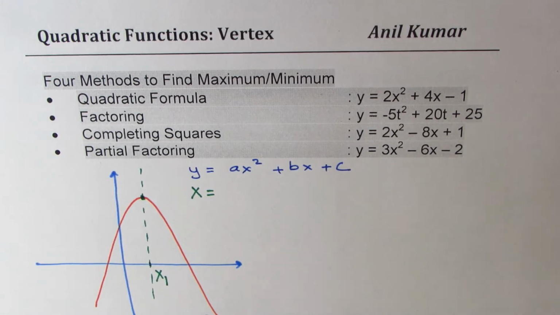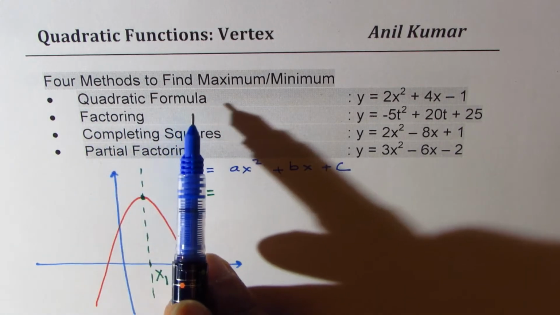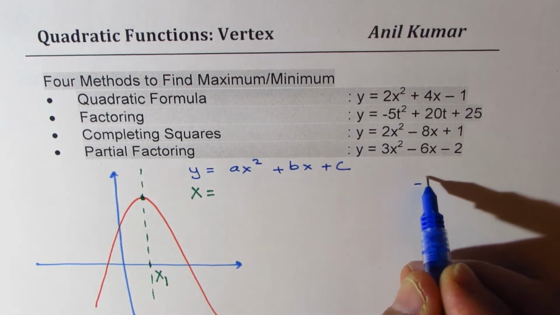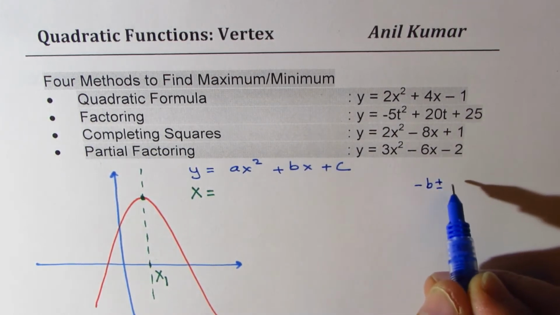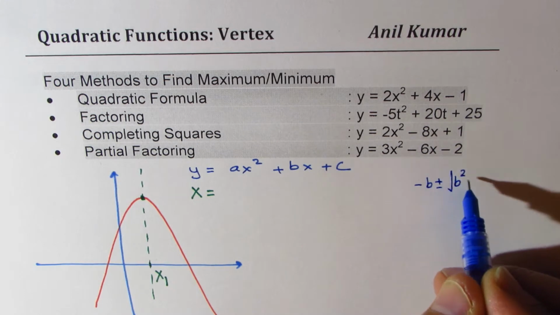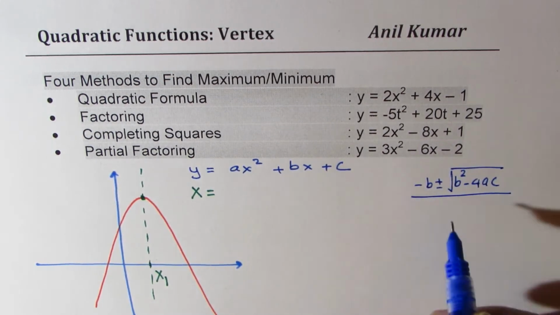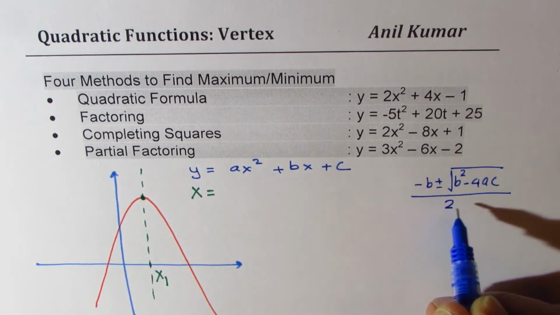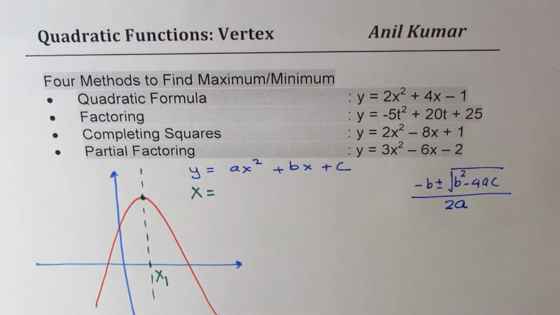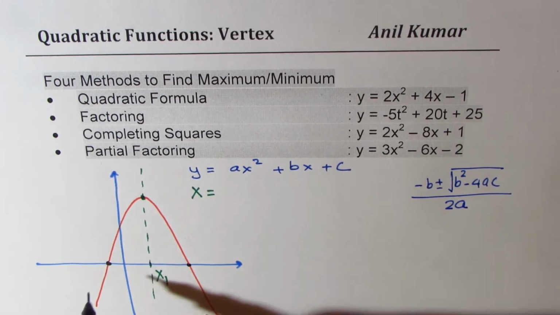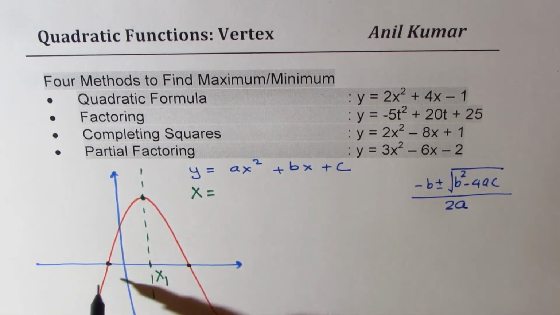Now, if you use the quadratic formula, which is x equals minus b plus or minus the square root of b squared minus 4ac, divided by 2a, you get these two points.